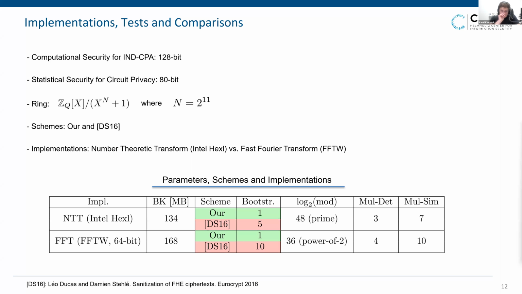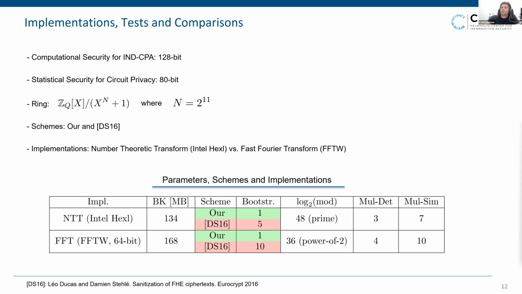The security targets for the parameters and the experiments are 128 bits of computational security for IND-CPA, and 80 bits of statistical security for secret privacy.